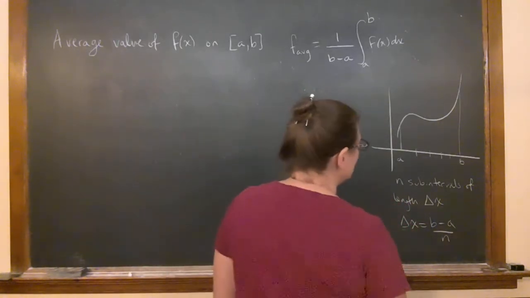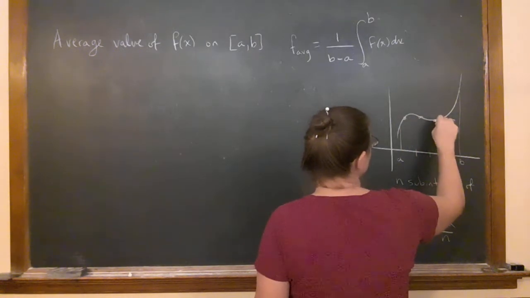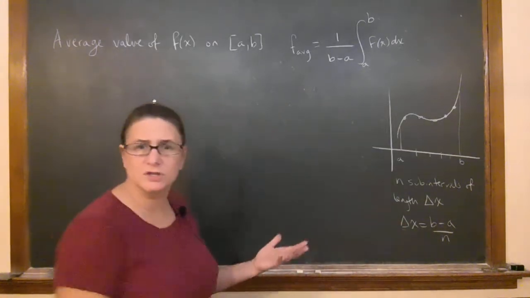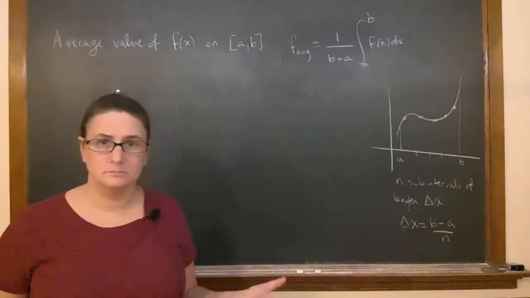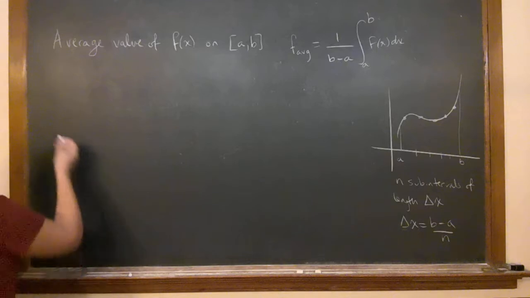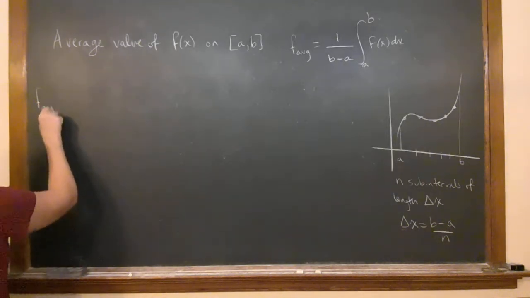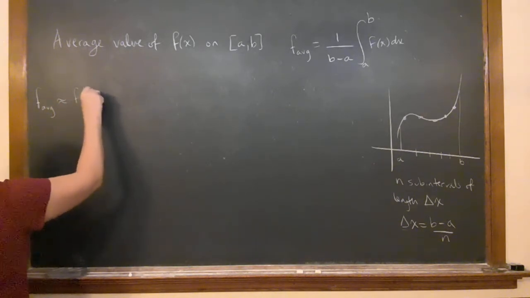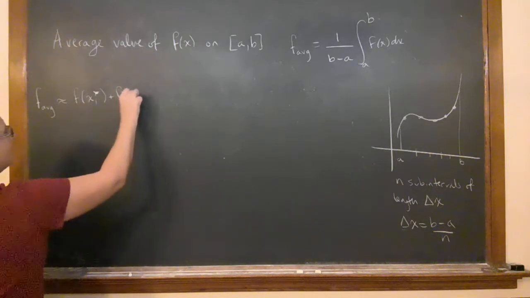And then on each of these intervals, you're going to take one of these values of f, and we're just going to average those. That's not the exact average, but it's going to be some approximation. So f average is going to be approximately the average of those n values of f.